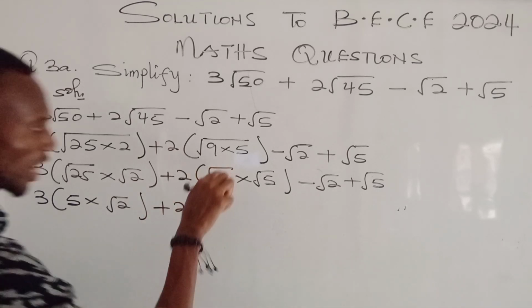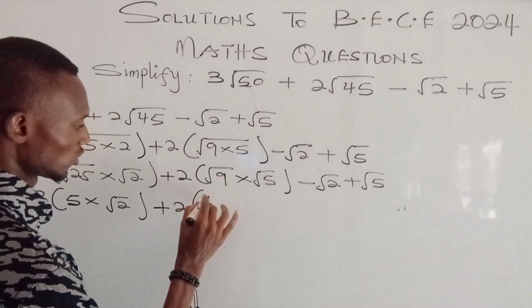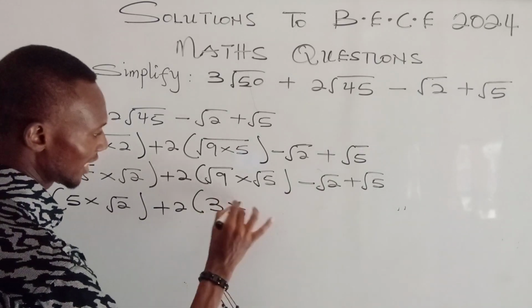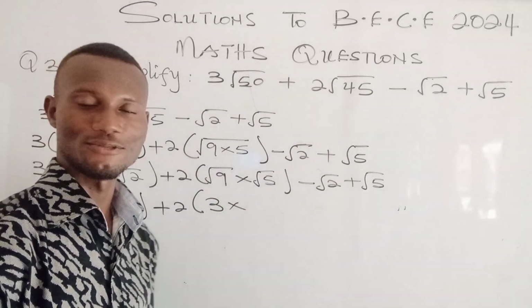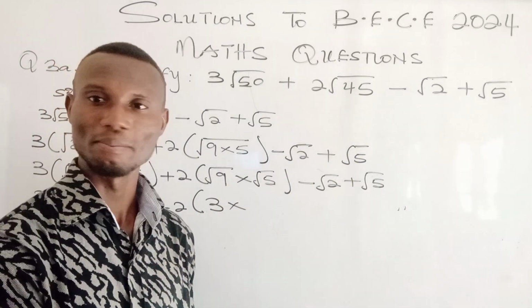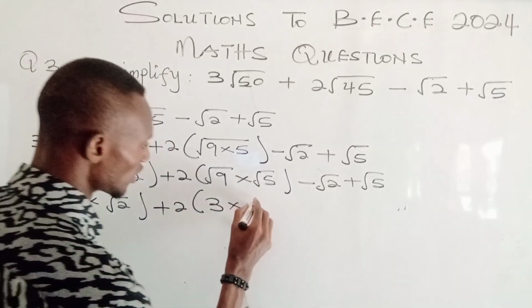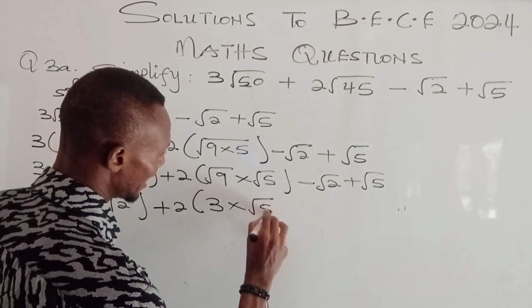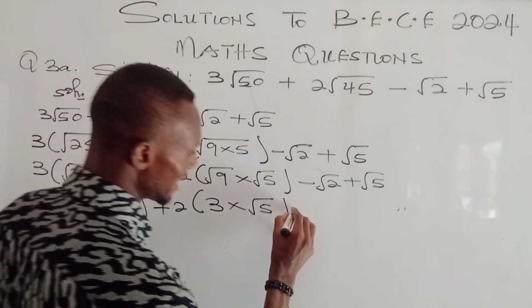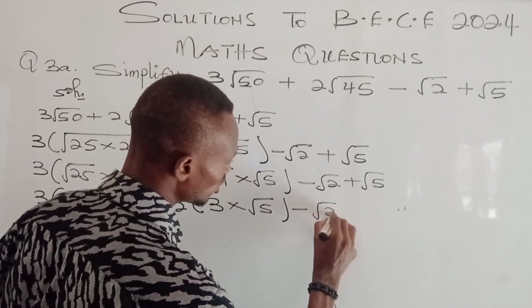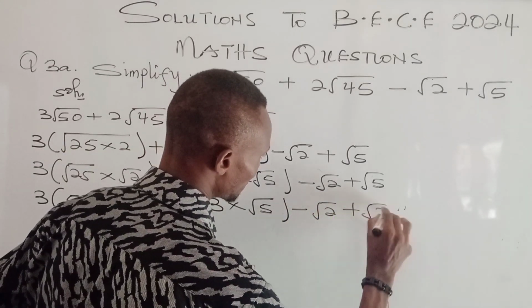Bring your bracket. Square root of 9 is 3, so I'm going to write my 3 times square root of 5. We are not going to get a whole number as an answer to square root of 5, so you just need to repeat your square root of 5 there. Then bring your bracket, then minus the root 2 plus root 5.